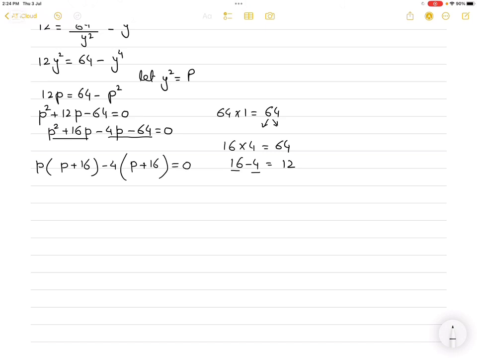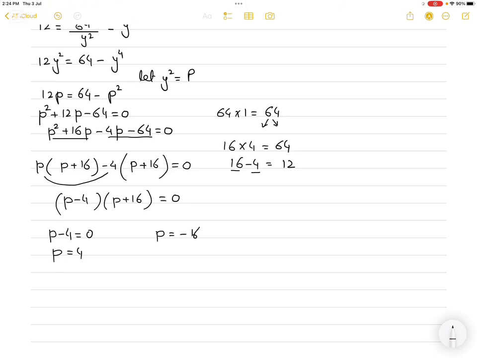Make a bracket of p minus 4 and pick one out of the same bracket, p plus 16. Now both equate to 0. So p minus 4 equals 0, so p equals 4, and the other p equals negative 16.